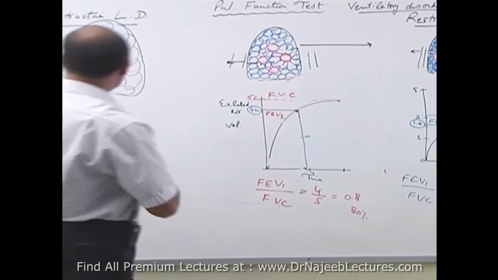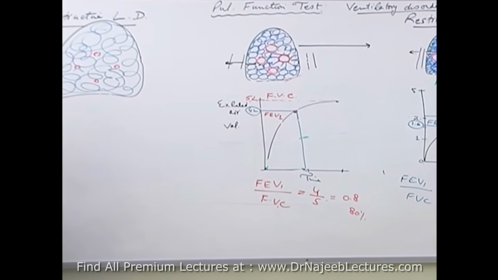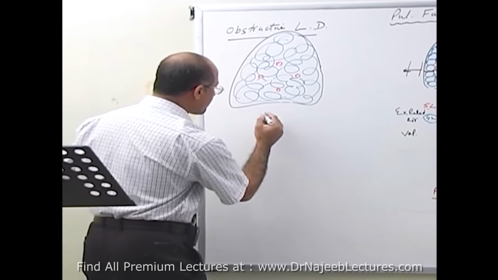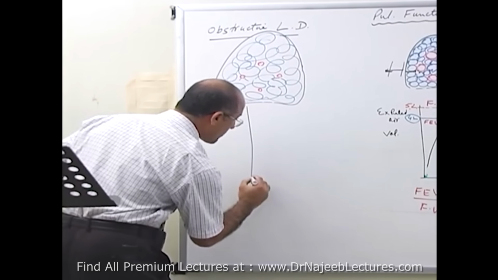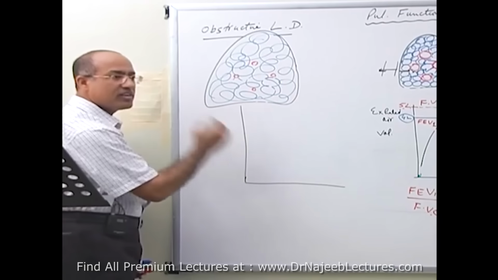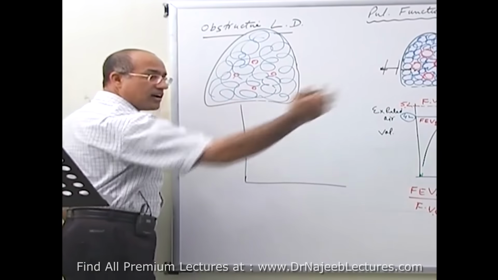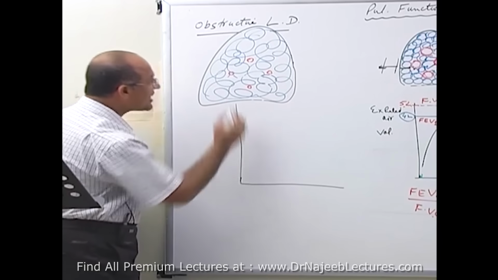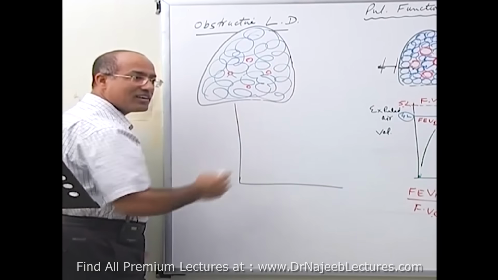No? Okay. Now we come here and look at this situation, obstructive lung disease. If we draw the same thing, time versus exhaled volume, right? Do you think it can blow out very rapidly?